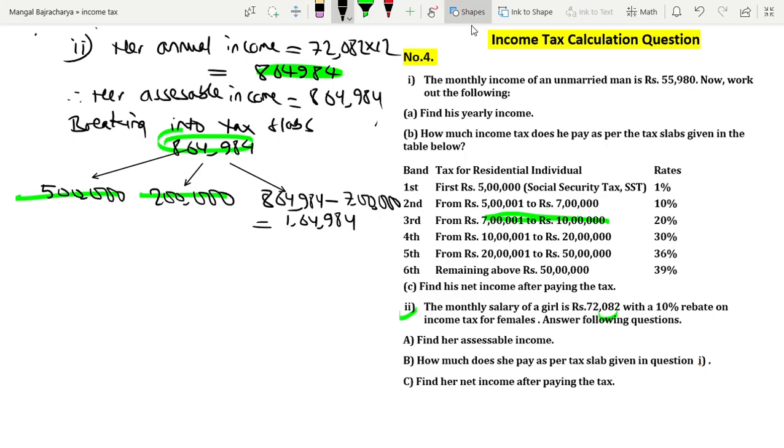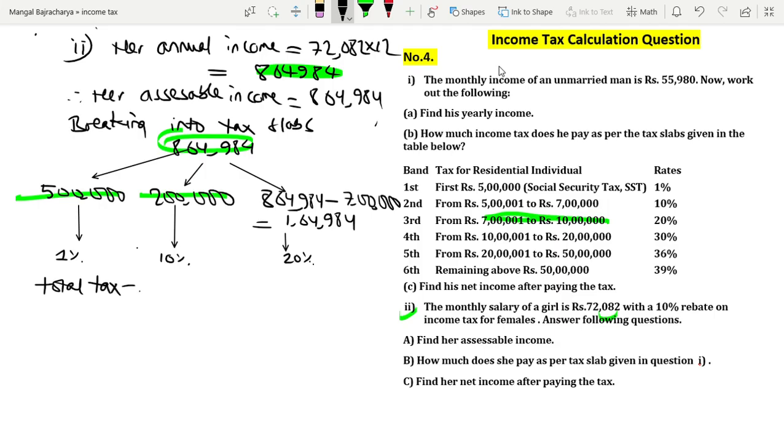So the thing is, from the first slab she has to pay 1% of SST, and from the second slab she has to pay tax of 10%, and from the third or final slab she has to pay tax of 20%. So let's calculate her total tax now.